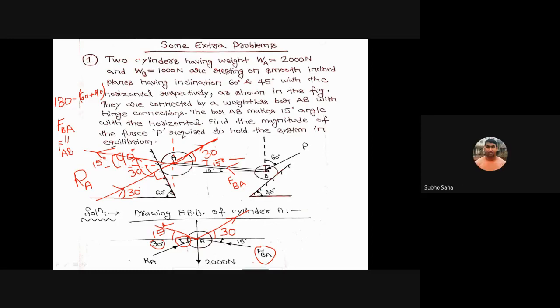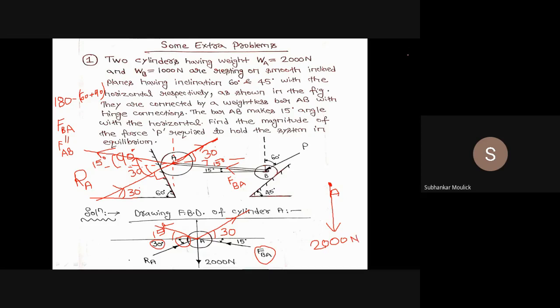No, sir. Okay, so let us draw this FBD separately. Say this is my point A. From point A, weight is acting vertically downward, which is 2000 Newton.